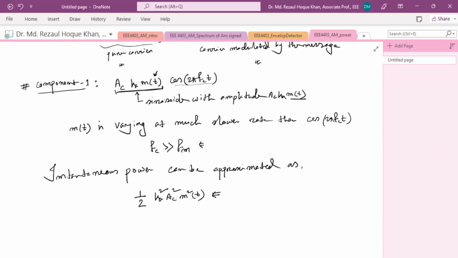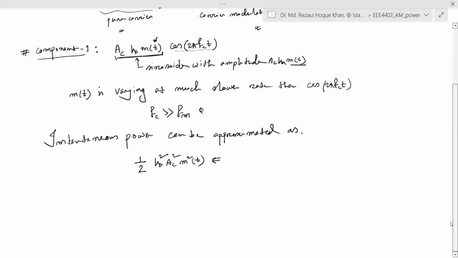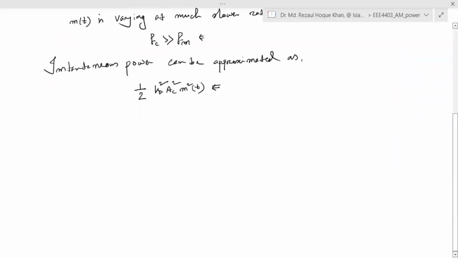Now, what is the average power? If this is the instantaneous power, to find the average power we find the expected value of this.